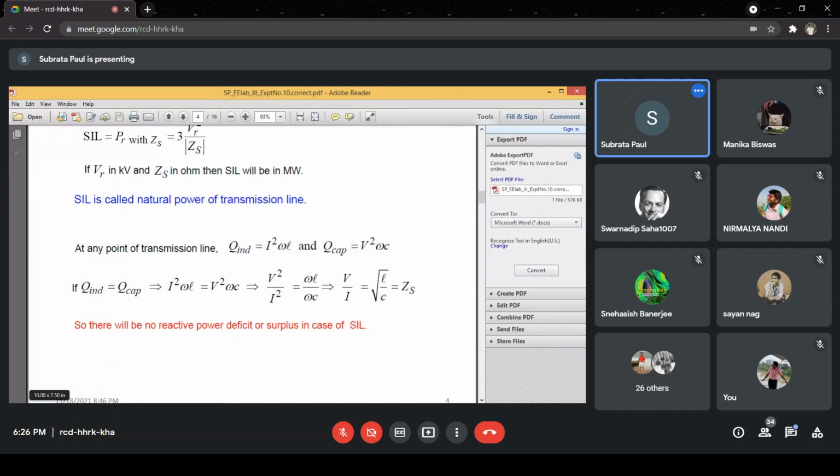Now tell me how var flows through a line, how var can flow. Actually, flow of var requires voltage magnitude difference, right? Between 2 points in a network, if there is voltage magnitude difference, then var will flow from one point to the other. It will flow from higher voltage to lower one. Var means inductive var.